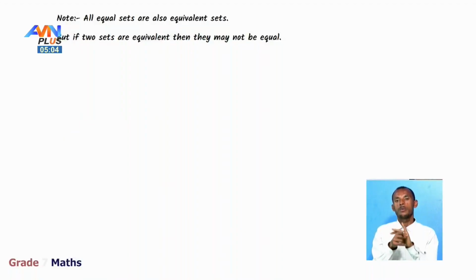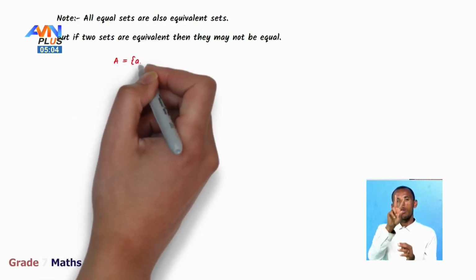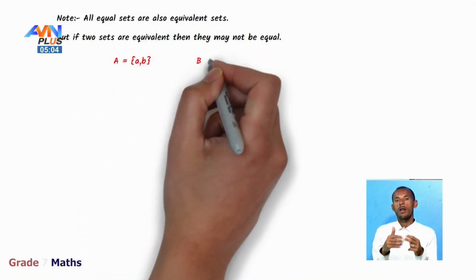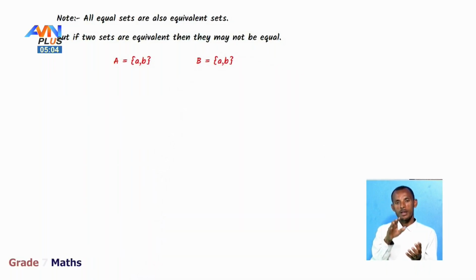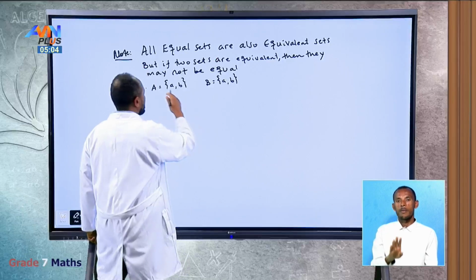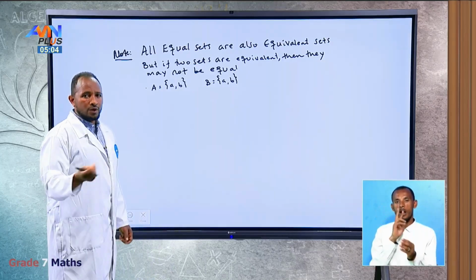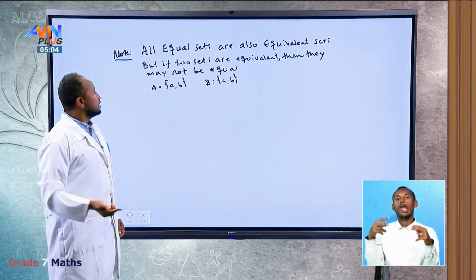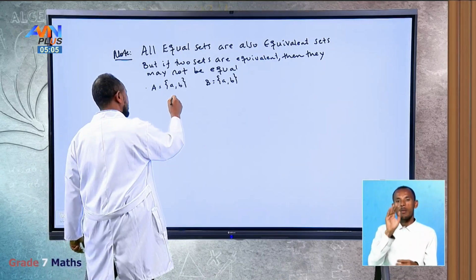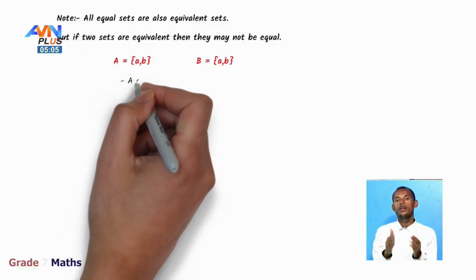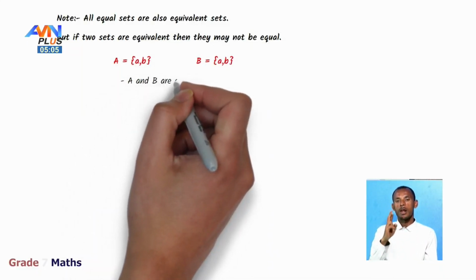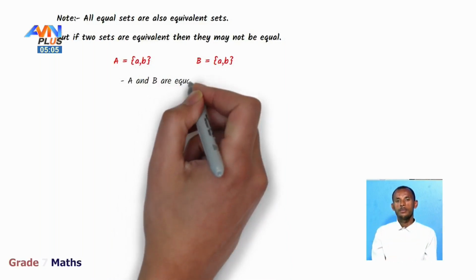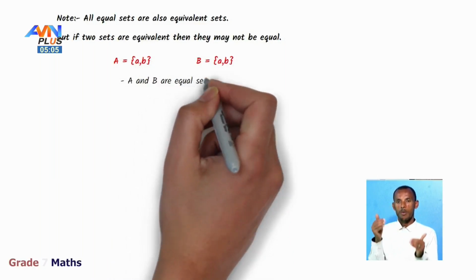If you take set A, assume set A contains a and b, and set B also contains a and b. These two sets are equal, and they are also equivalent. So A and B are equal sets.